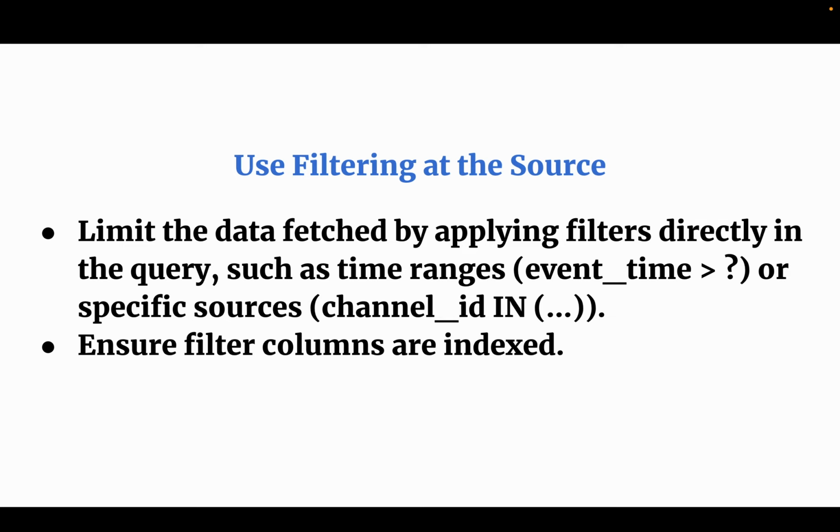A key point to remember is that columns used for filtering should be indexed. This ensures that the filtering process is fast and efficient, minimizing unnecessary data retrieval. In summary, filtering at the source not only reduces the data load, but when combined with proper indexes, can make your queries much faster and more efficient.